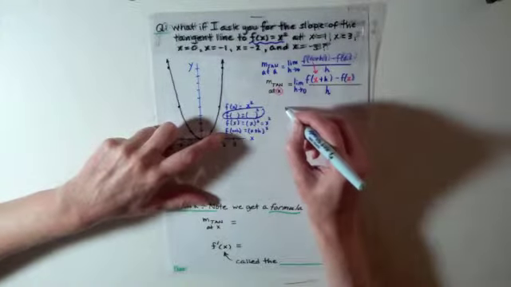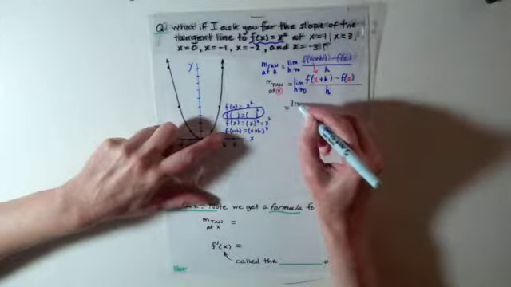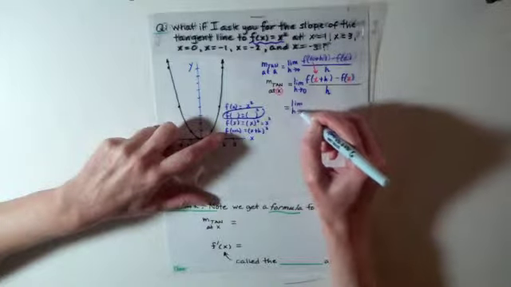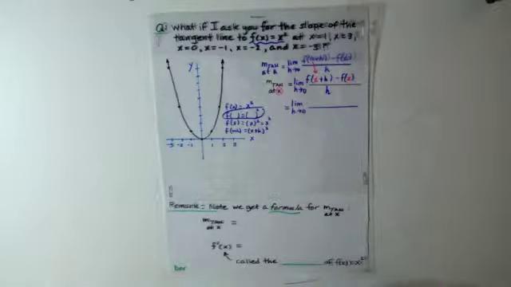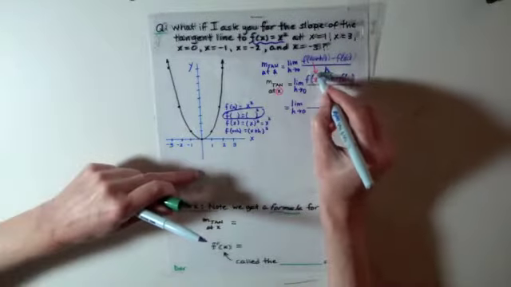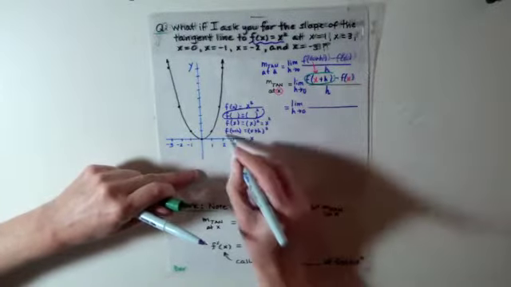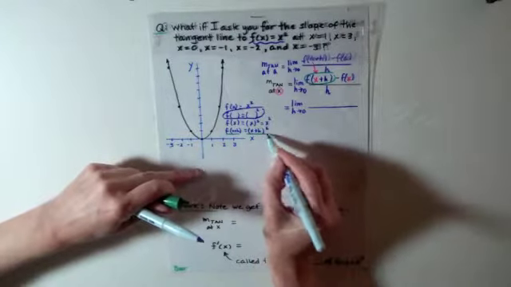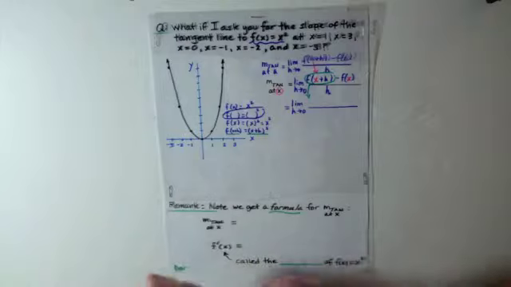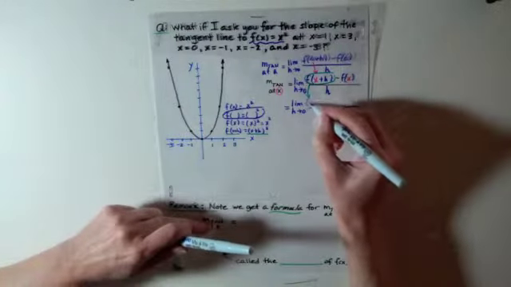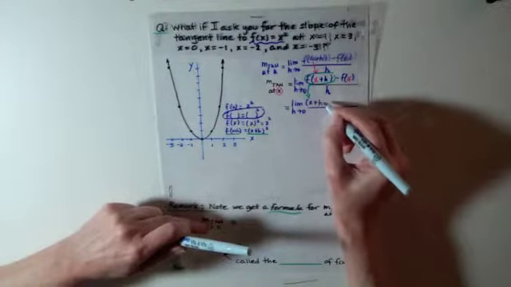Okay, so let's go ahead and plug in. I'm doing the limit as h approaches 0 of f of x plus h, which, as we just said for this particular function, becomes x plus h, that quantity squared.